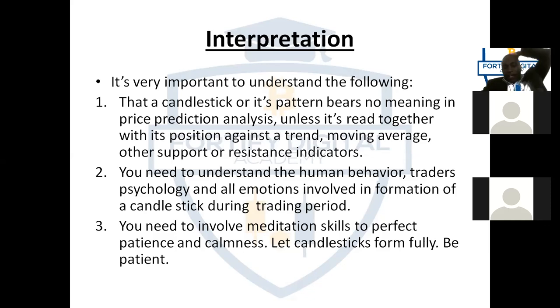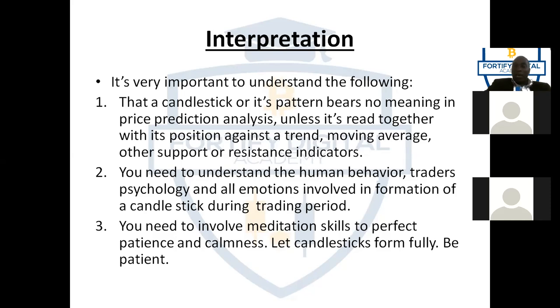The other thing you need to note is that candlesticks mean nothing unless they are read in accordance with where they are positioned. On the moving averages, in an uptrend, that is support. So the area of support and the area of resistance are the most critical things to look into when you're looking at candlestick patterns.